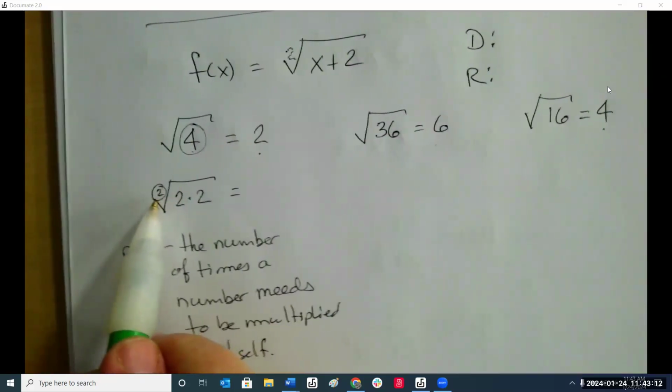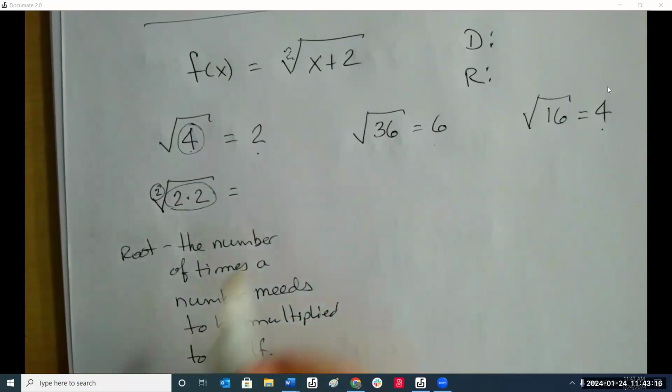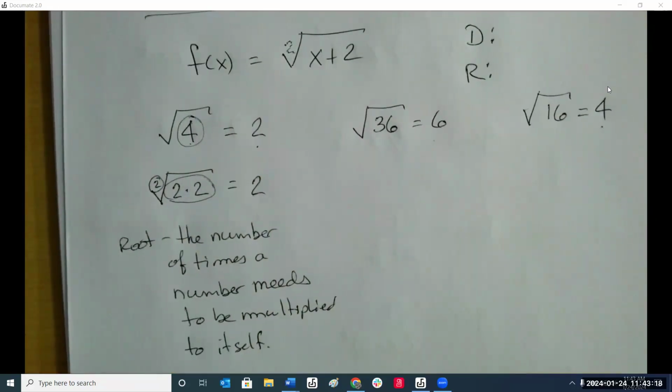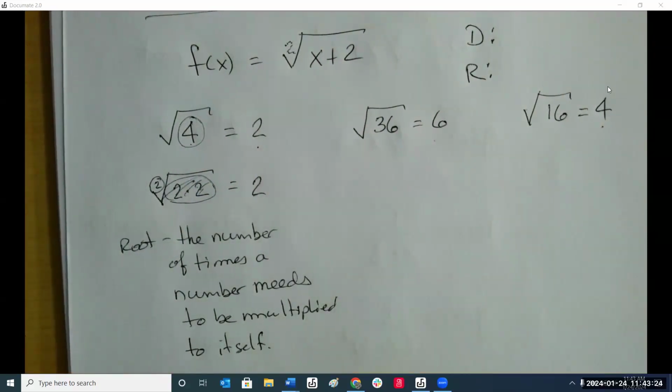So since that's a square root, as soon as we see 2 of a kind, it comes out. And since there's nothing left inside there, the radical disappears.